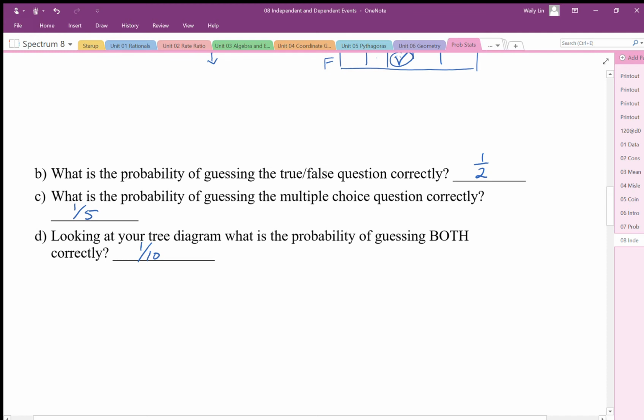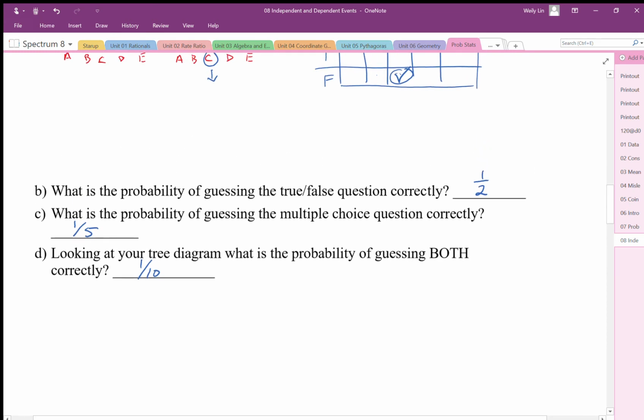And we can see also that if we multiply these probabilities together, the probability of true false correct and multiple choice correct is going to be the probability of the true false times the probability of multiple choice, since these are consecutive independent events. So that's 1 out of 2 times 1 out of 5, which gives us the 1 out of 10 that we see in our diagram.